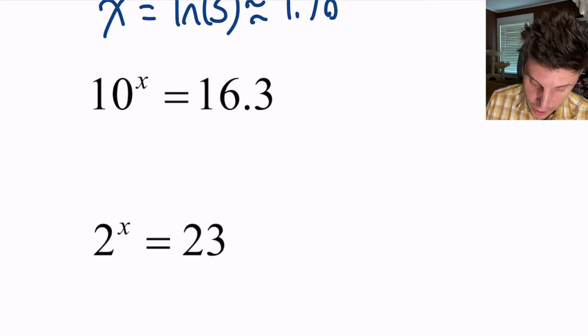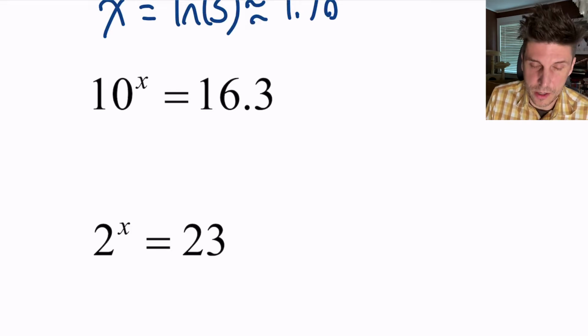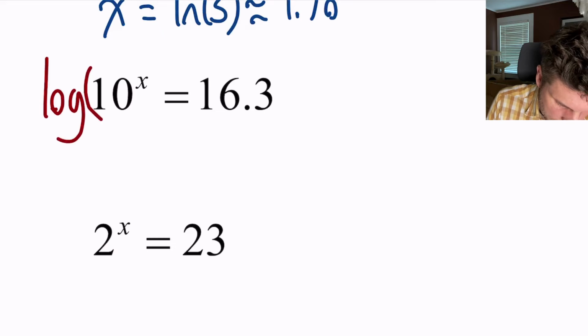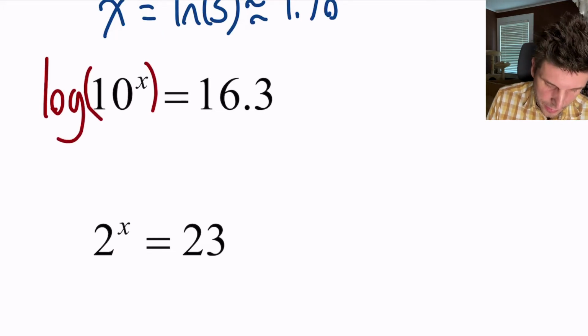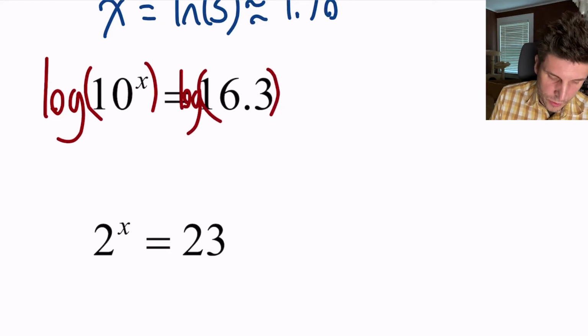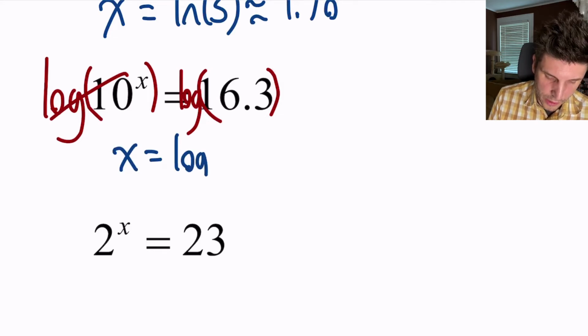So I'm going to do log base 10 of both sides, or just log of both sides. So I'm going to say log of 10 to the x, and then log of 16.3. So on the left side of the equation, we're left with x, and on the right side we have log of 16.3.